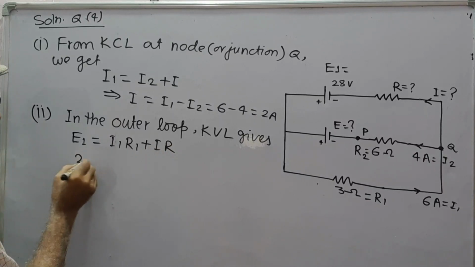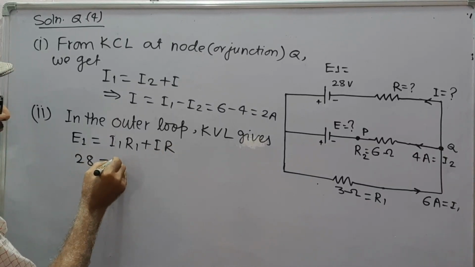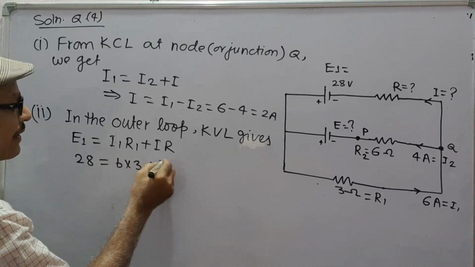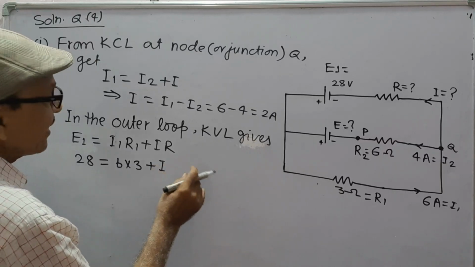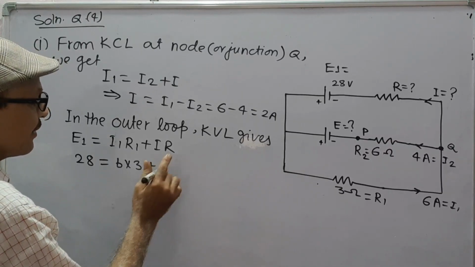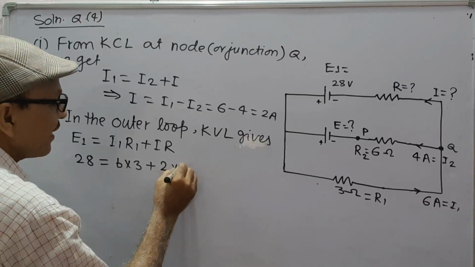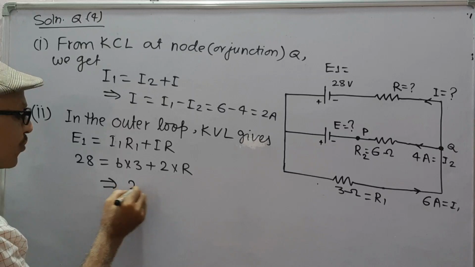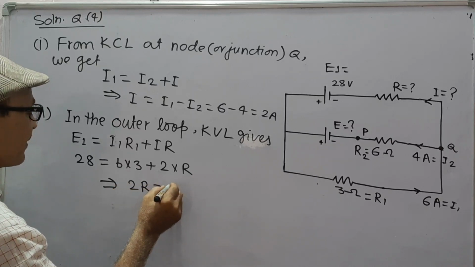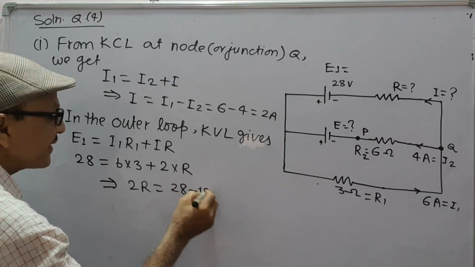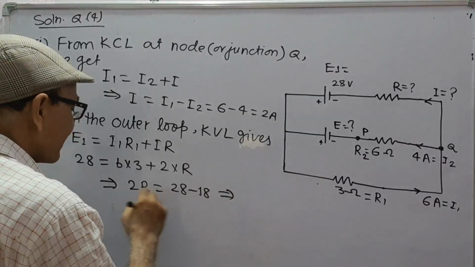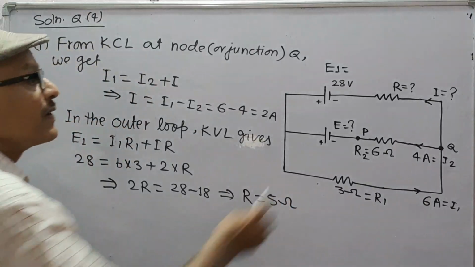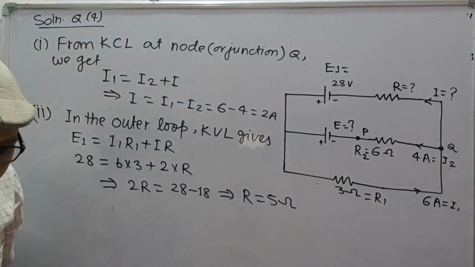E1 is 28, I1 is 6, R1 is 3, plus I has been calculated 2 ampere and R is unknown. This gives 2R is equal to 28 minus 18, which gives R as 5 ohms. So, this resistance is 5 ohms.